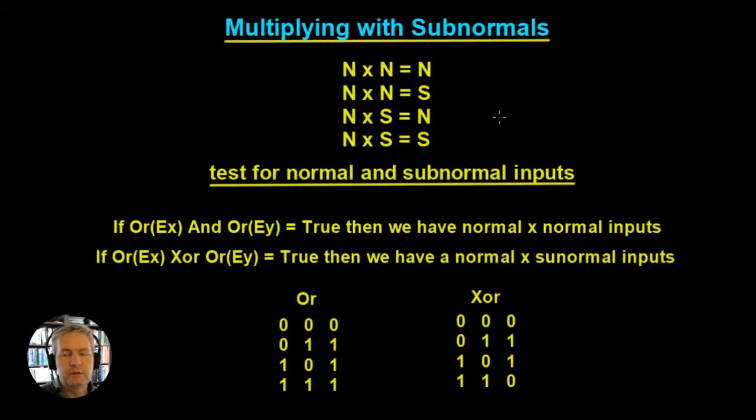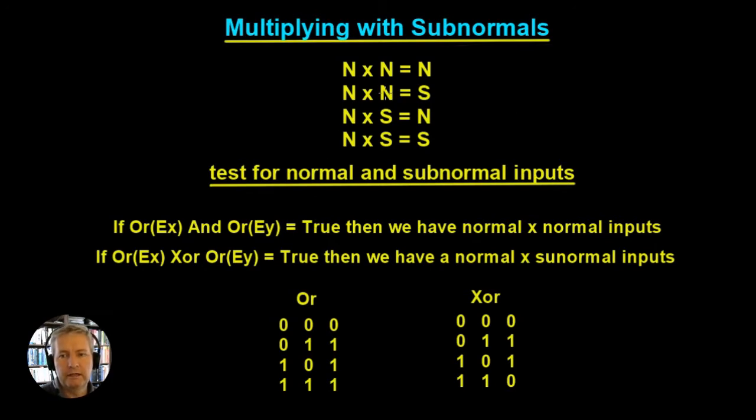Now the difference between normal numbers and subnormal numbers is that the exponent for a subnormal number is all zeros. So the exponent bits, the 8 bits, are all zeros. But for a normal number, one of the values of those 8 bits is going to be a value of 1.